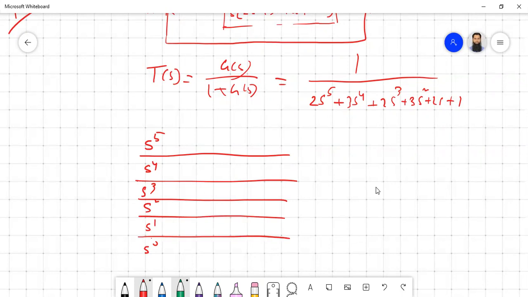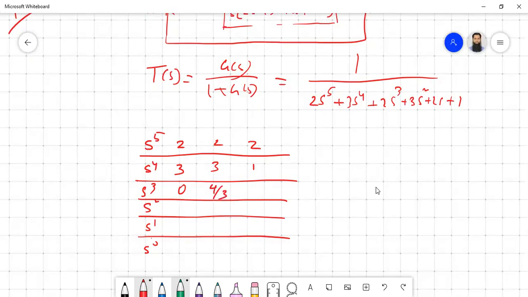So from the table quickly, 2, 3, 2, 3, 2, 1. So 2, 3, 2, 3, 6 minus 6. So basically 0. Then we have 6 minus 2. That is 4. 4 by 3. So 4 by 3. Now the problem is the first element of the row is 0.